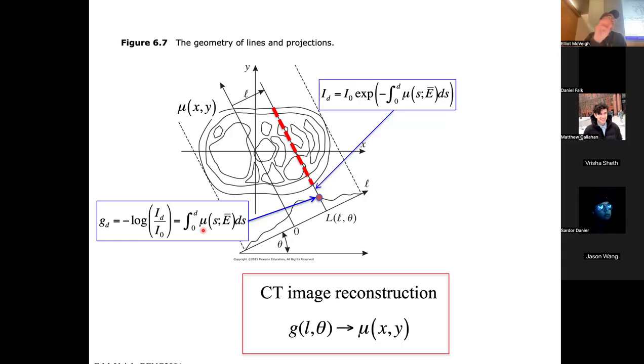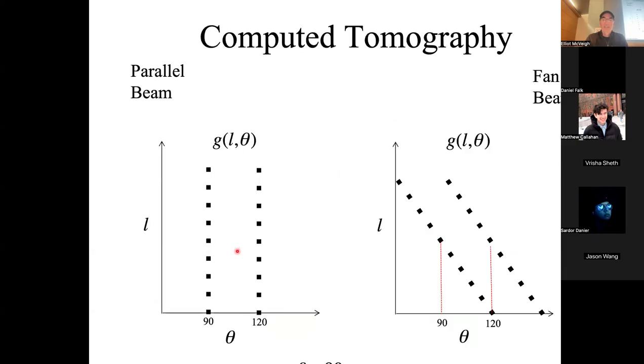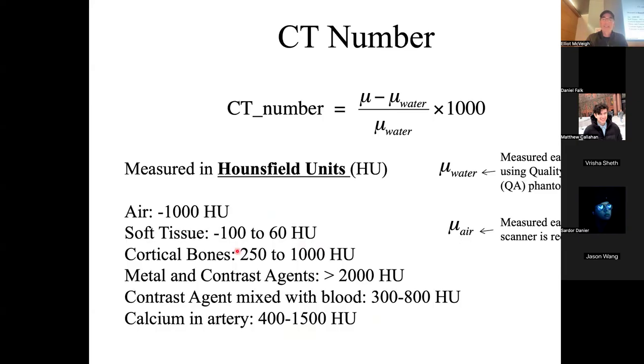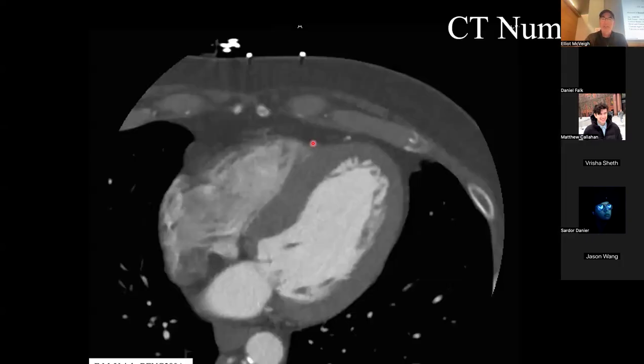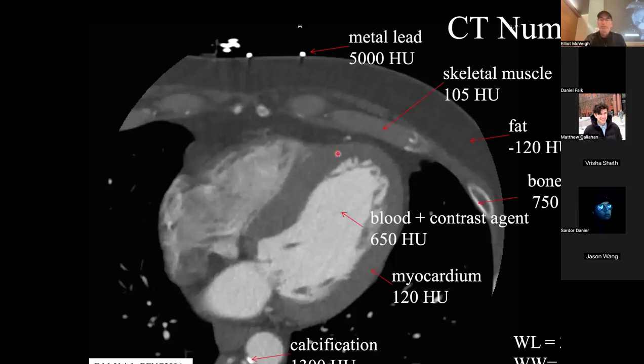Those are the things you have. That's your image, and it comes out from the fact that you measured this thing. So that's the underlying picture, these mu's as a function of position. And then before you display the image, it's transformed into this Hounsfield unit number.